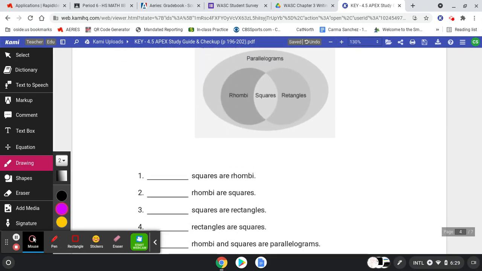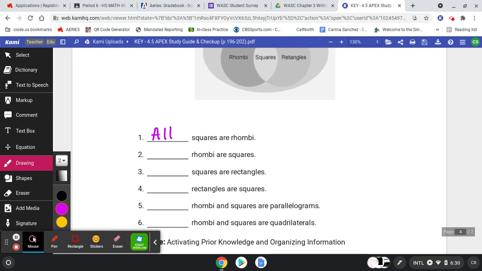So here now we have the entire chart of parallelograms. Squares are the most specific. Then there's rhombi and rectangles inside. Notice that squares are the intersection of the two. And then there's the entire broad parallelograms. And then we can make some statements here based on this, such as all squares are rhombi, but only some rhombi are squares.